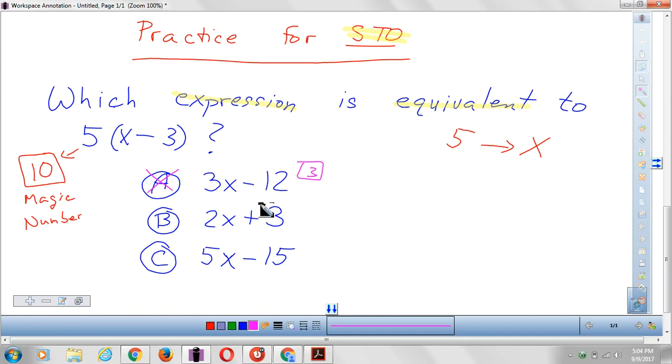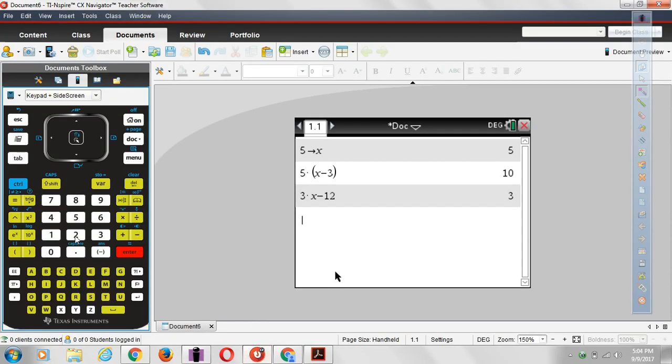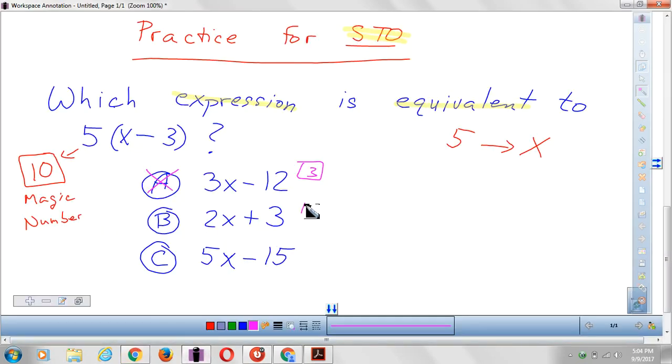So we cannot choose A. All right, how about choice B? I'm going to choose 2x plus 3 for my next test. So let's type in 2x plus 3. Again, the x is bold because it's filled up with the number 5, which is still good. And I see a 13. Again, it is not equal to the number 10. So I know that it cannot be choice B.